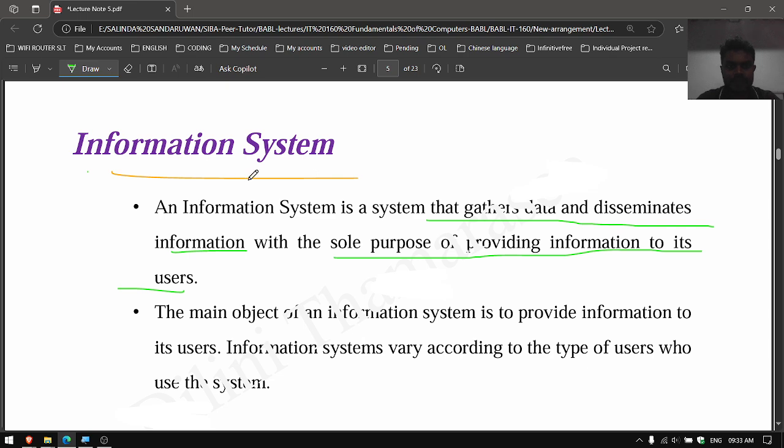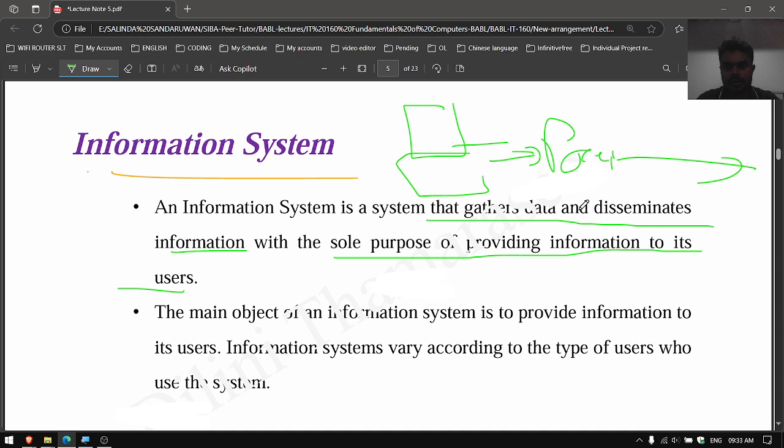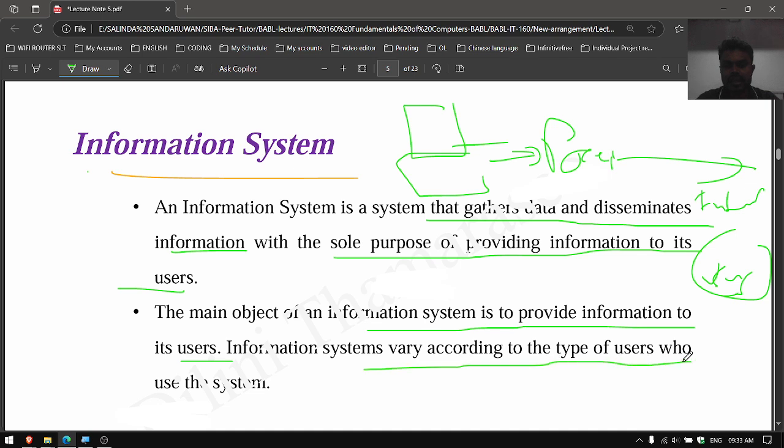So it's a framework: it will gather data, process data, and then provide the processed information to the users. That's the idea behind an information system. The main objective of an information system is to provide information to its users. Information systems vary according to the type of users who use the system.